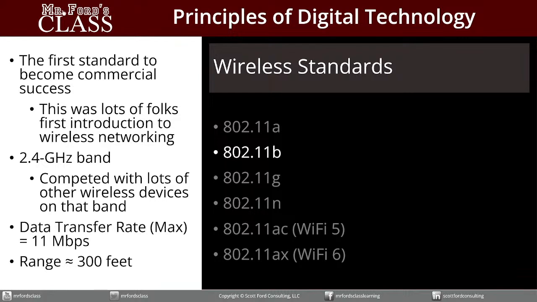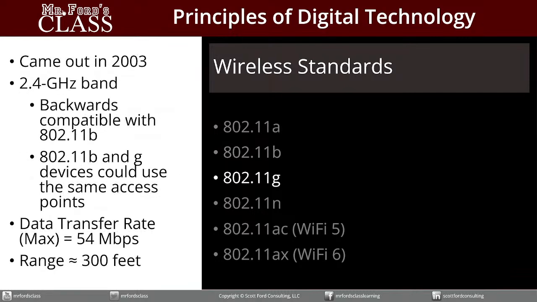It had a data transfer rate of 11 megabits per second, and it had a range of around 300 feet. This was the commercially successful standard. 802.11a, not so much, but B was very successful when it came out. There was a lot of convenience, and people jumped on it very quickly.